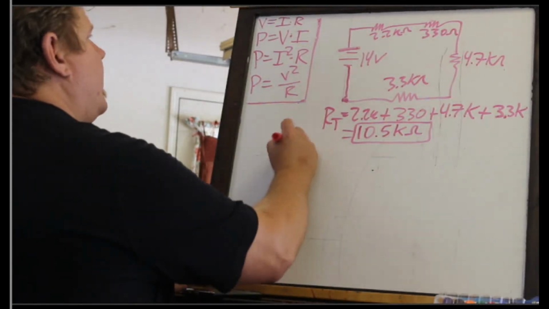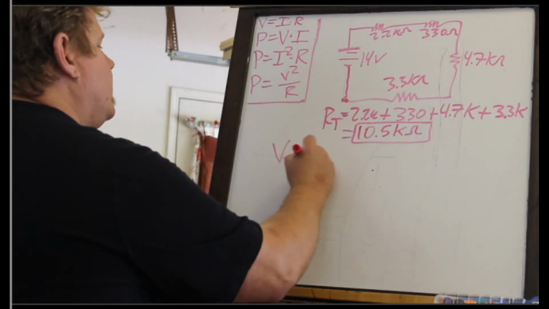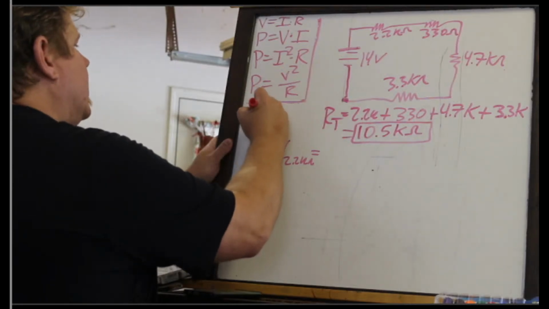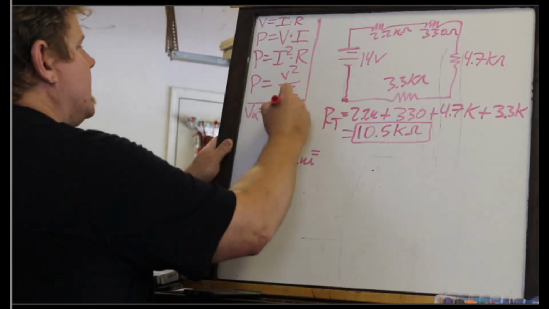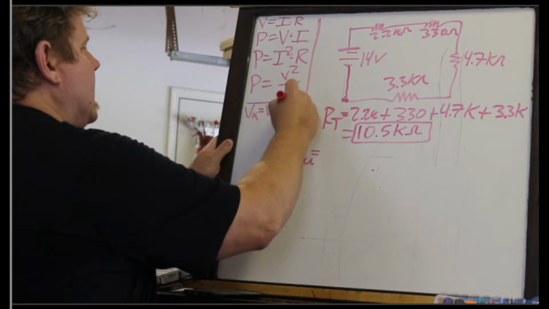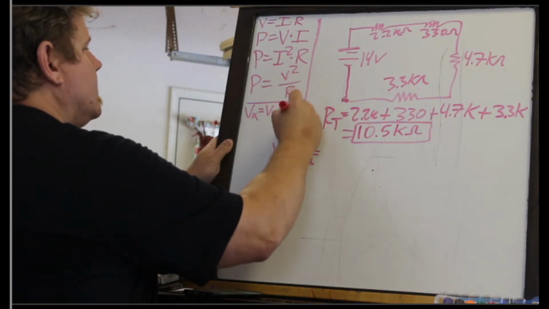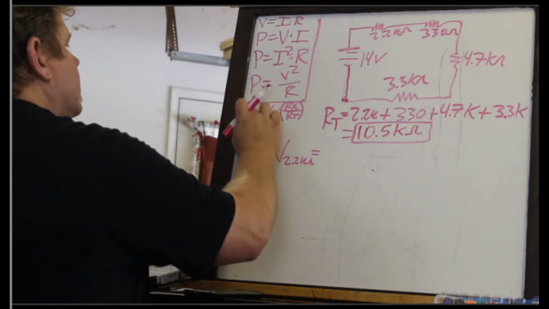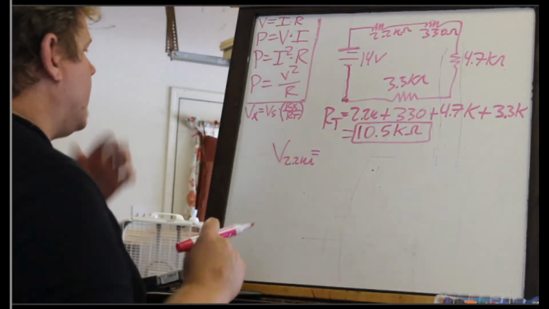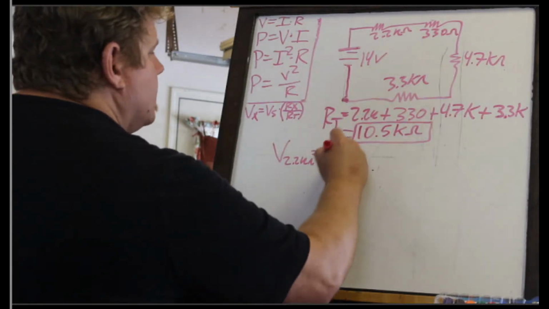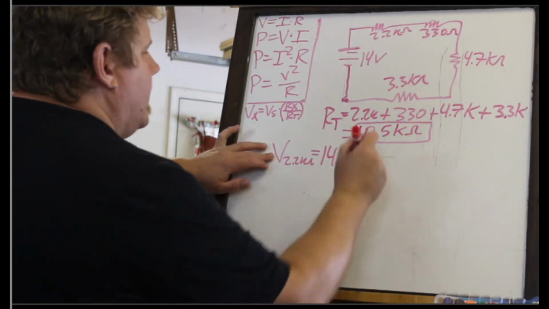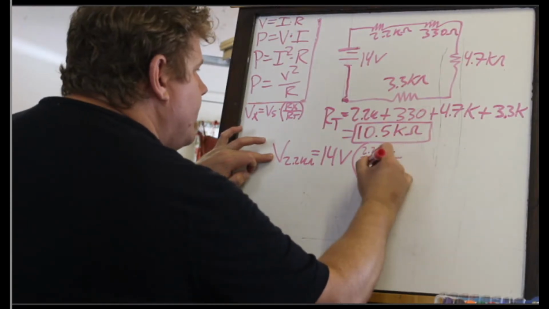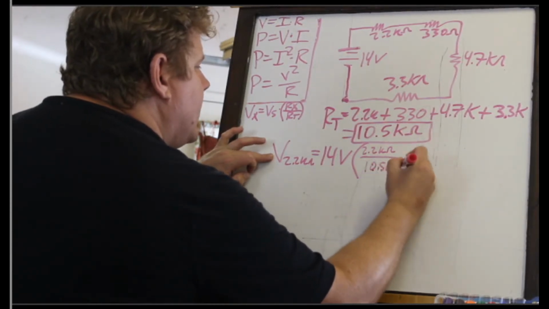I'm going to go ahead and find the voltage of the 2.2K ohm resistor. All right. So remember, the individual voltage equals the source voltage times the ratio of the individual resistor to the total resistance. We're taking a percentage of this total source voltage. Okay? So 14 volts times 2.2K ohms over 10.5K ohms.